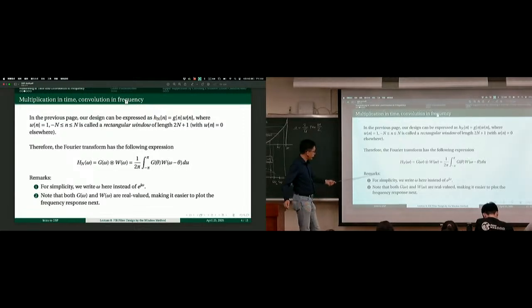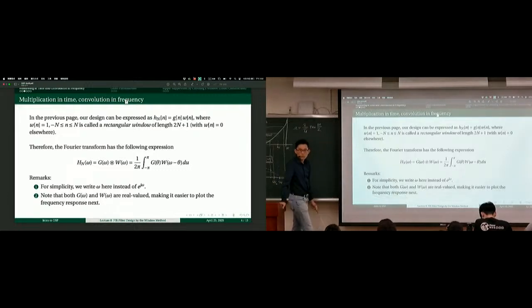All right, so now here's one more remark I want to make. Please be aware, note that both G and W are real valued in this case. And this will make it easier to plot the frequency response, which we're going to do next.